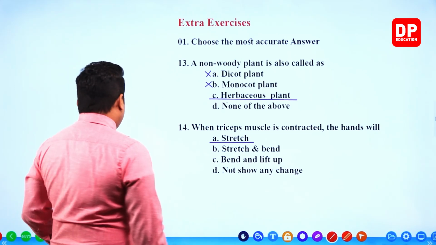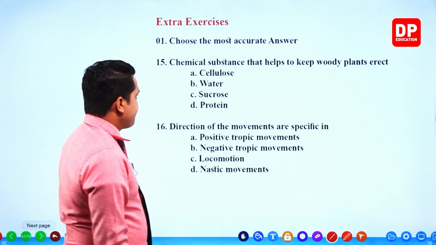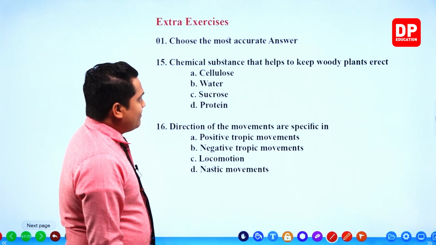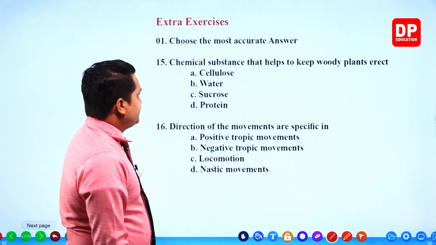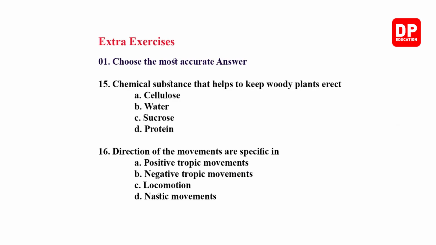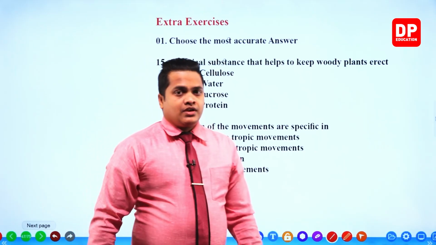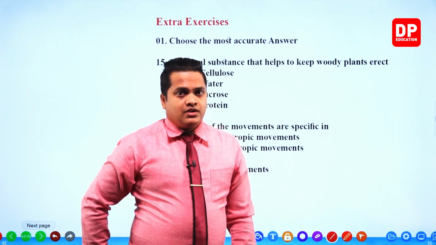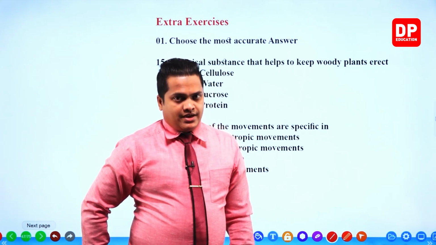Then the next one, question number 15. Chemical substance that helps to keep woody plants erect. You know that there are two chemical substances which help to keep woody plants erect.